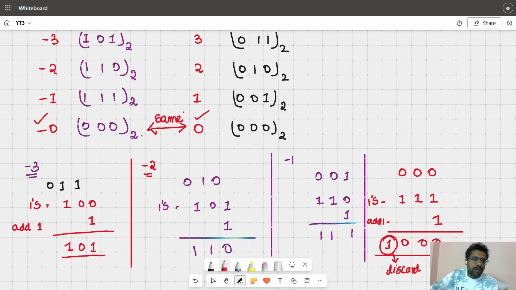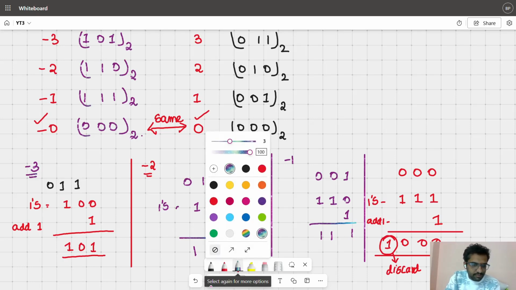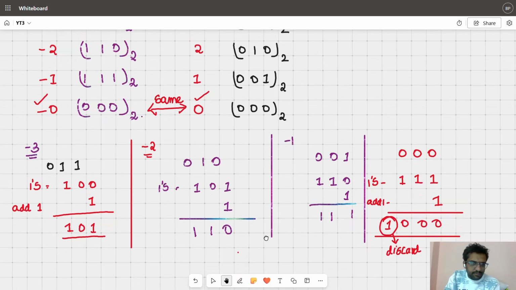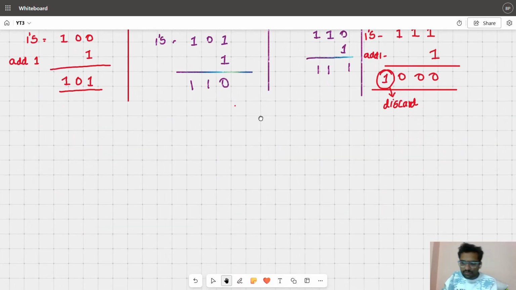Here, only one combination is missing. If you observe 000, 001, 010, 011, one combination, 100, is missing. So what is that missing combination? The missing combination is 100.